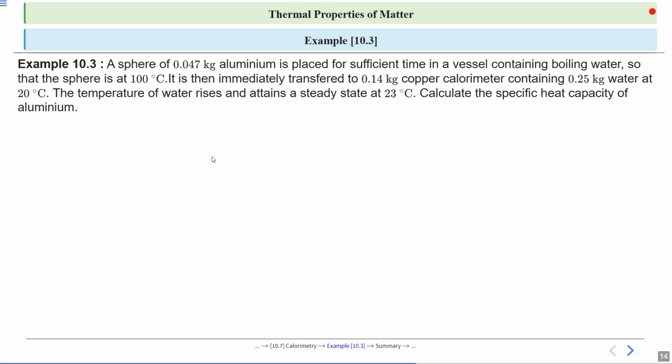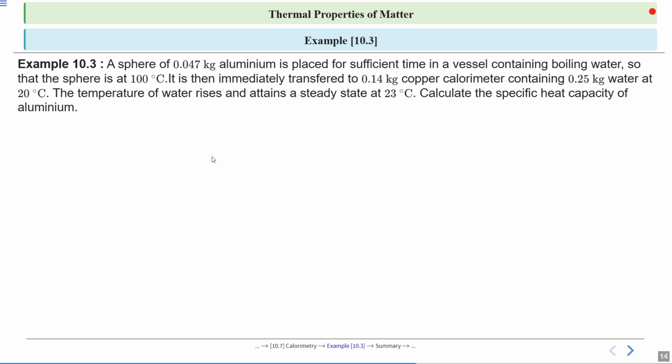Example 10. A sphere of 0.047 kg aluminium is placed for sufficient time in a vessel containing boiling water so that the sphere is at 100 degrees Celsius. It is then immediately transferred to a 0.14 kg copper calorimeter containing 0.25 kg water at 20 degrees Celsius.